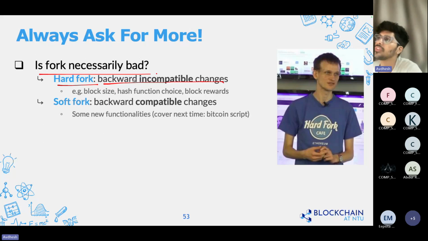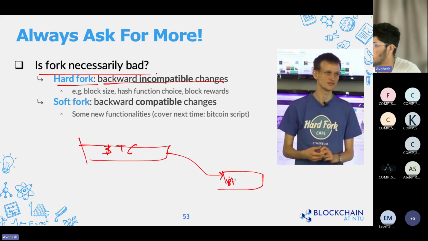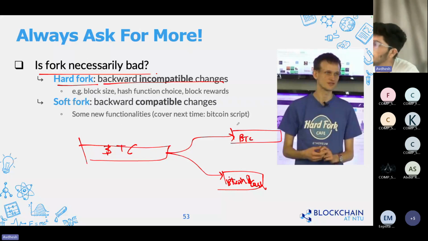This is where misalignment happens, and this is how Bitcoin, the original Satoshi version, was forked to Bitcoin Cash. Bitcoin Cash was another group of people, and the original Bitcoin still exists. Whatever transactions we are doing currently are on this original version, the Bitcoin Satoshi version.